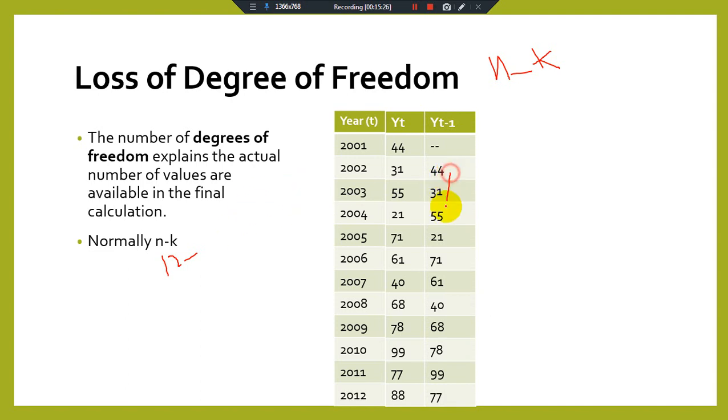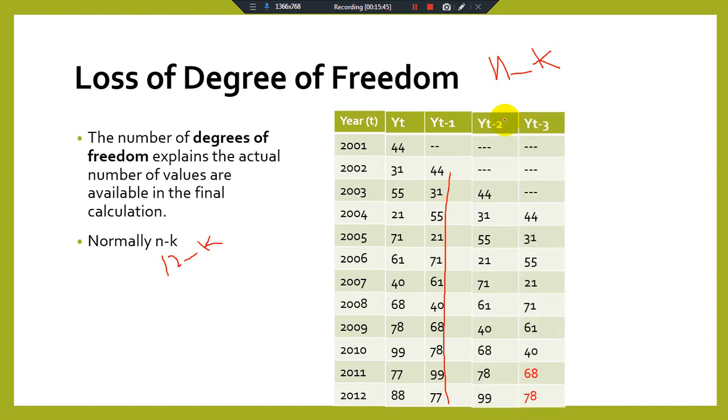If we take it as an independent variable, now we have 11 observations for the empirical analysis, and as much as we are increasing the lags, the loss of degree of freedom will occur.